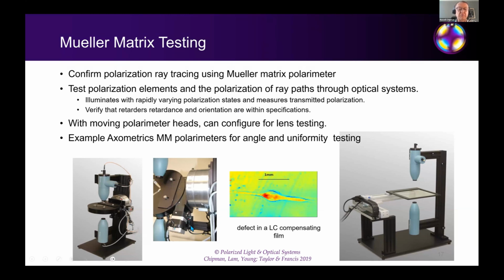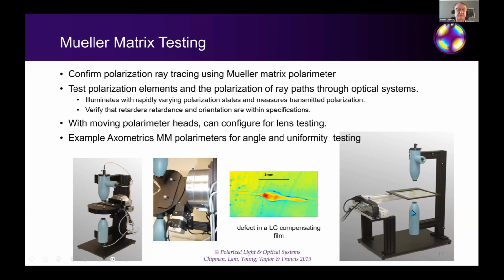And then when we're characterizing elements, we often want to rotate them to characterize them as a function of angle of incidence. So here's a 2-axis rotation stage. This is changing the angle of incidence, and then this rotates to change the azimuth. Here's one configured for XY testing. So it's just going to translate the sample back and forth.